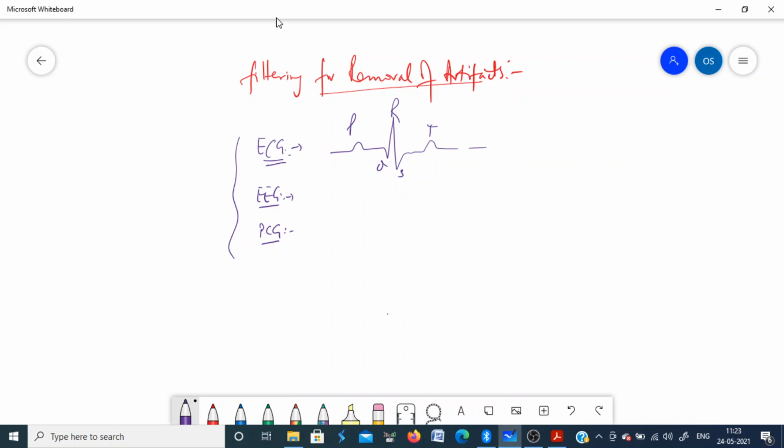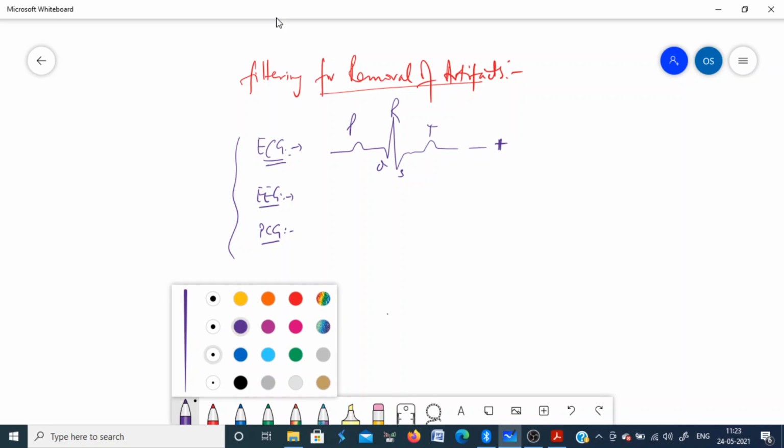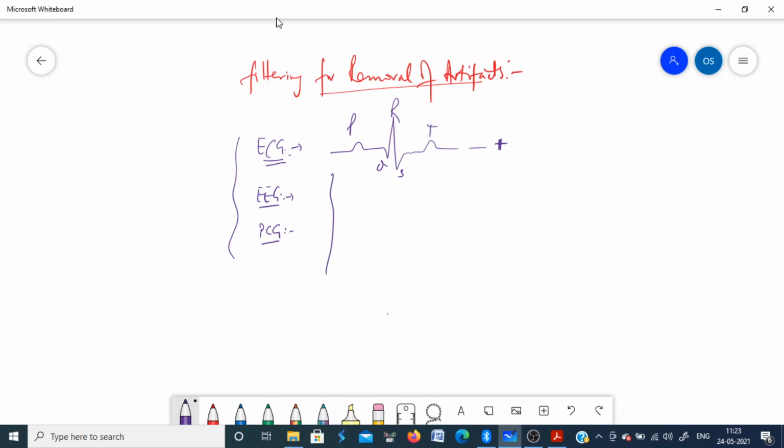Okay, so any part which is irrelevant or which is embedded in this and which is apart from this important or useful information, that is interference for us, or noise. So there are different types of noises, or in fact different sources of noises. So we classify the noises into different categories.